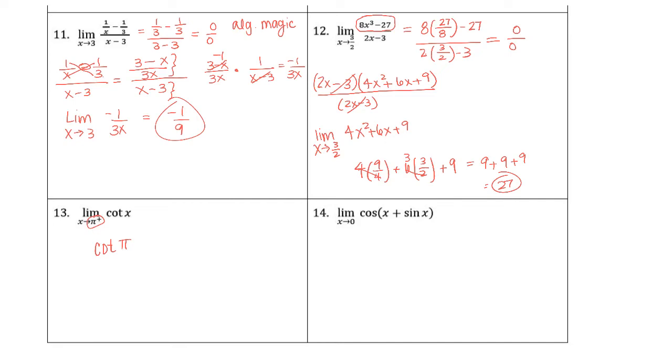So let's see, cotangent of pi, a lot of times we don't remember right off the top of our head. So let's go through and change cotangent. That was really cosine of pi over sine of pi. And then here, cosine of pi is -1, and sine of pi is 0. So we have a number over 0, which is going to tell me this is a vertical asymptote.